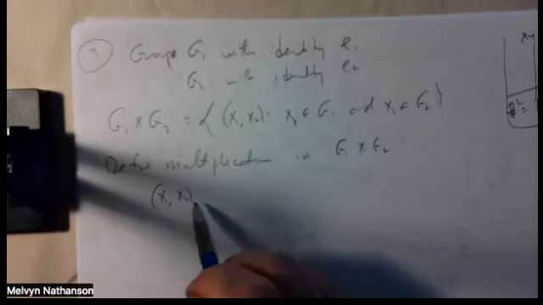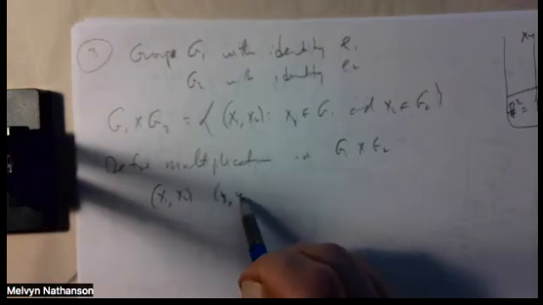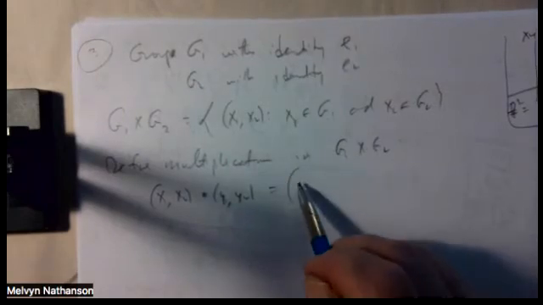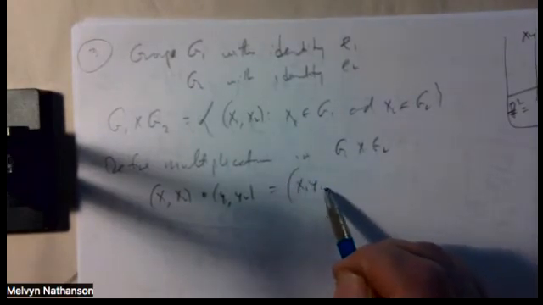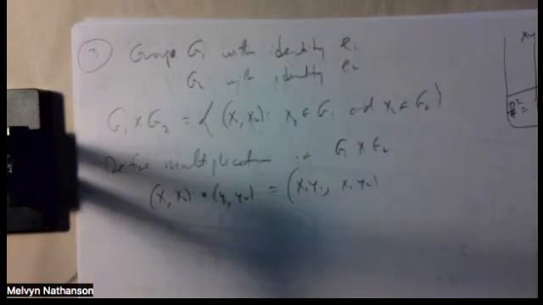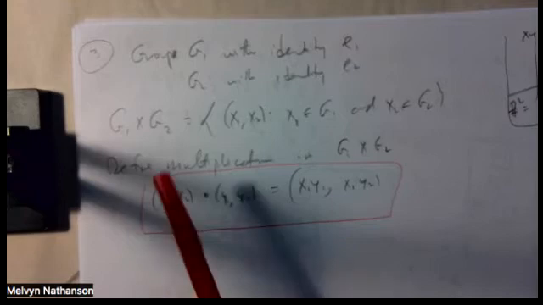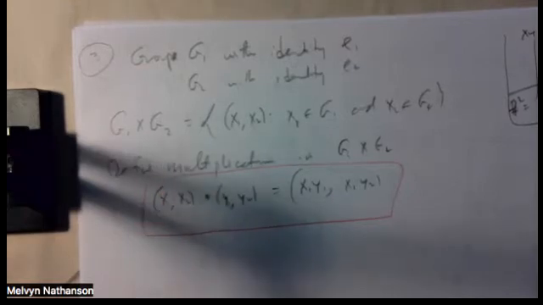If you have (x1, x2) and (y1, y2), the way you multiply them is you just multiply coordinates: (x1 y1, x2 y2). So this is the multiplication. And we want to show that this turns the product of two groups into a new group.